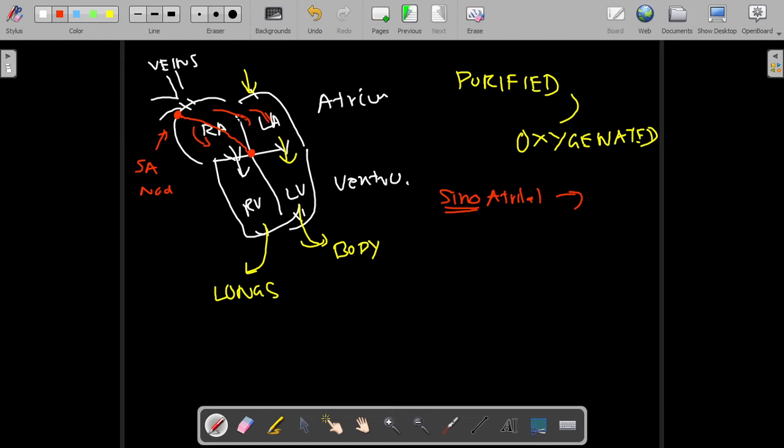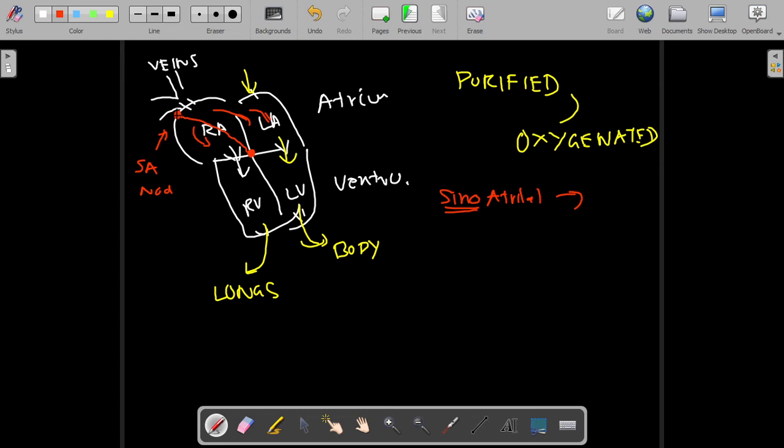This excitation gives the required energy for your atrial muscle to contract. When the impulse was at the SA node, the blood was filling in the atrium chamber.